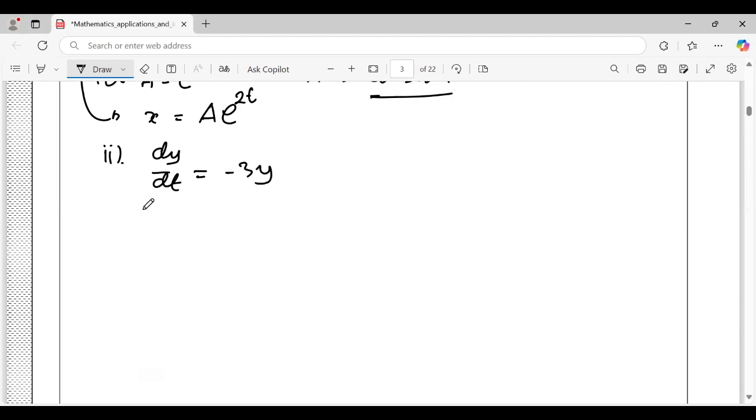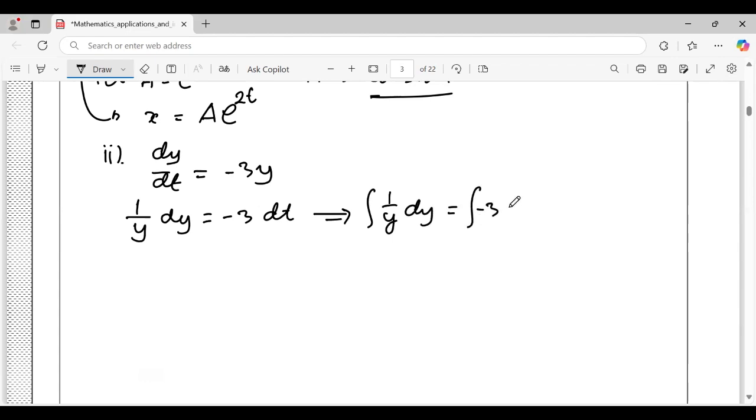So it means 1 over y dy equals minus 3 dt, and take the integral of each side. So the integral of this expression is ln y equals minus 3t plus c.